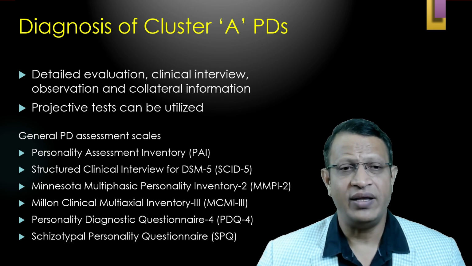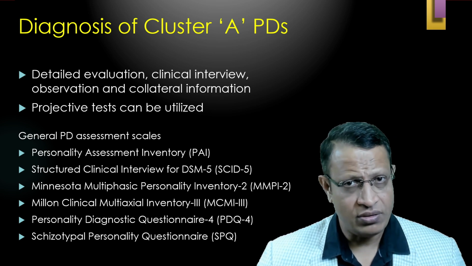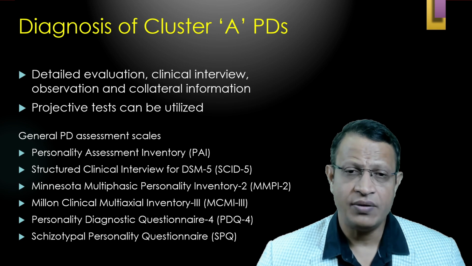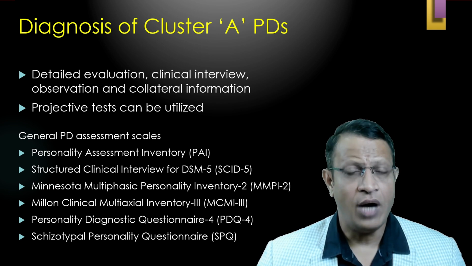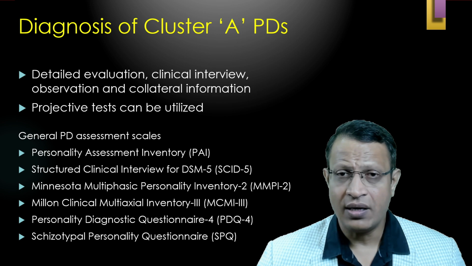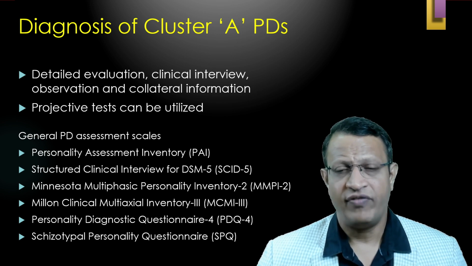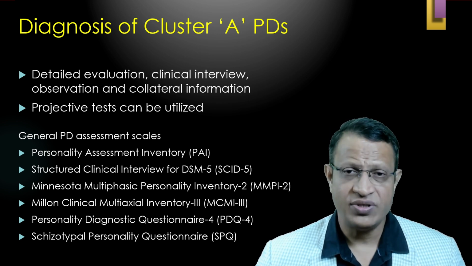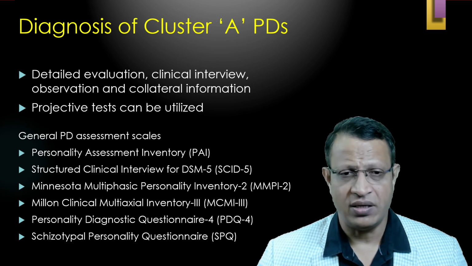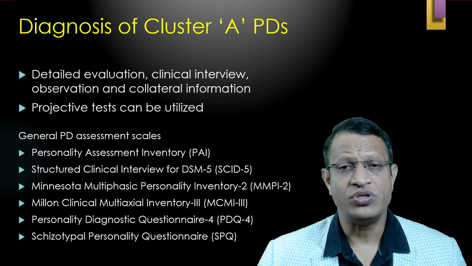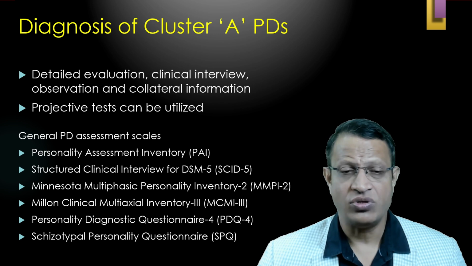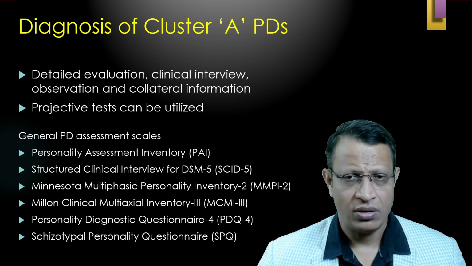The gold standard is detailed evaluation by a trained clinician: clinical interview, observation of the person, and collecting collateral information from family members, relatives, friends, and partners. Sometimes you can use projective tests to diagnose cluster A personality disorder.